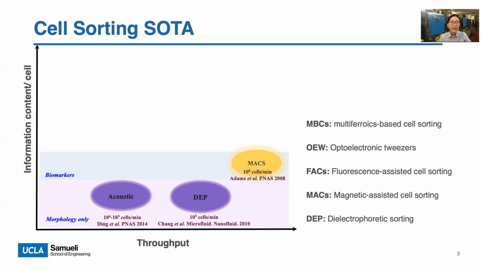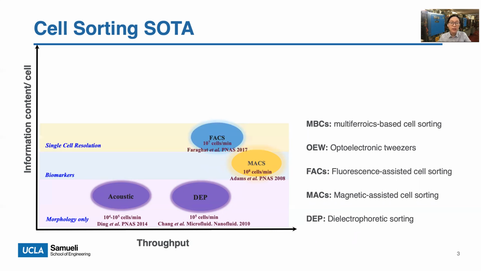Next up, we have magnetic activated cell sorting techniques, which attach superparamagnetic beads to the cell. It has high throughput, but one cannot distinguish cells based on their expression level.